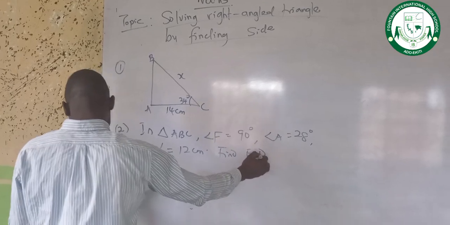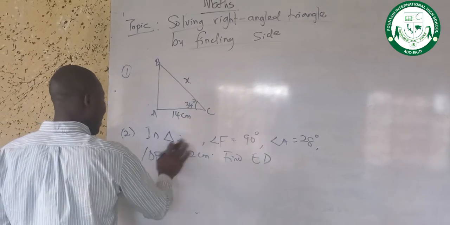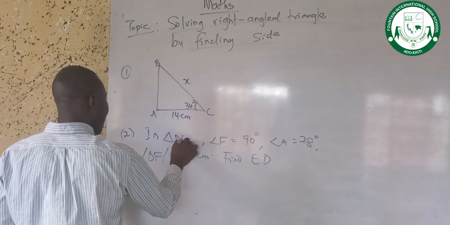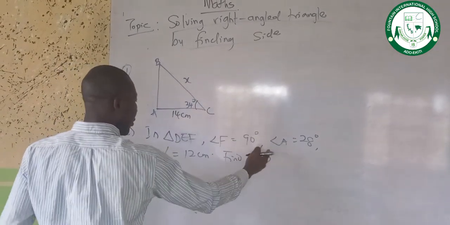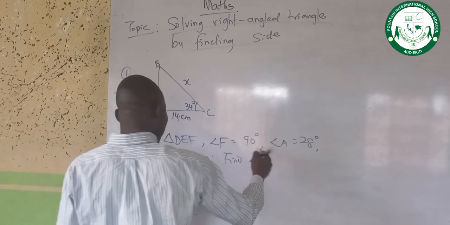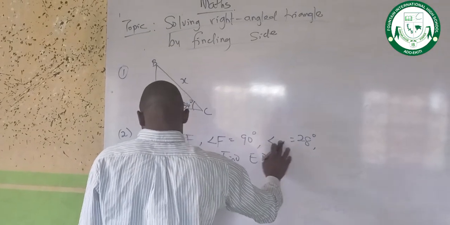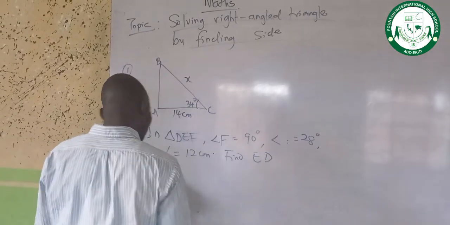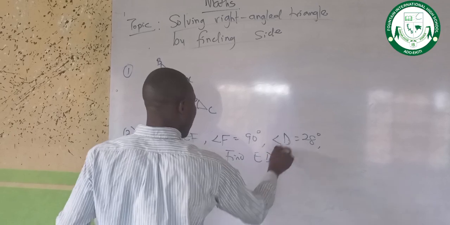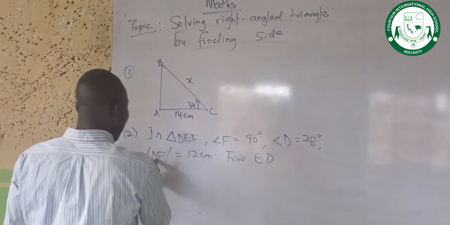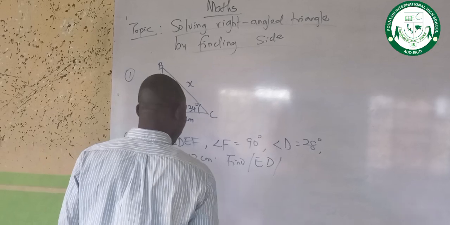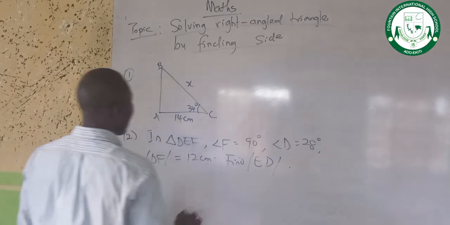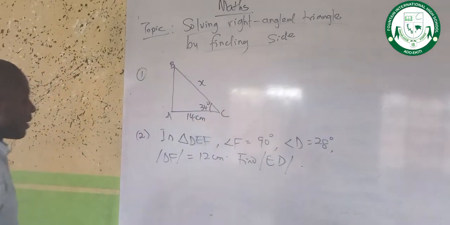Sorry, this is DEF, so angle F has been given. Let's make this one angle D, 28 degrees, side DF equal to 12 centimeters, we should look for side ED. So this is where I'm going to stop for the day. Thank you, class. Have a nice day.